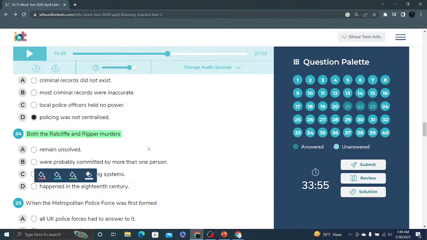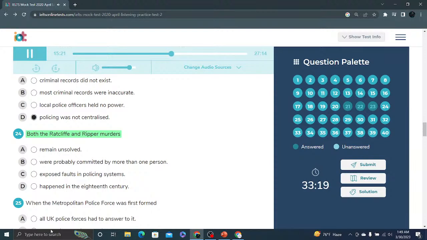Okay, let's listen for question number 24. When a criminal crossed county borders, they could often successfully evade capture. Today, that seems so absurd. Nowadays, with information instantly accessible to all police forces nationally and worldwide on police computer systems, yes, it does. But don't forget that it was only with the formation of London's Metropolitan Police Force in 1829 by Sir Robert Peel that criminal records could begin to be consolidated on a national basis.